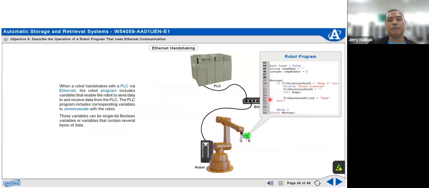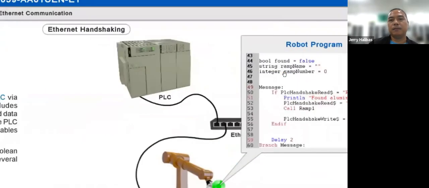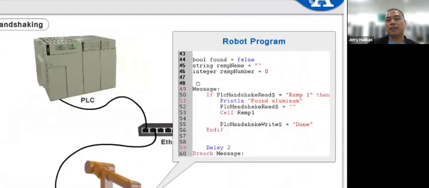Okay, so these are the examples of the program. Let's interpret the program. How many variables are declared? Three variables are found: a boolean, ramp name with the data type string, and ramp number with the data type integer.